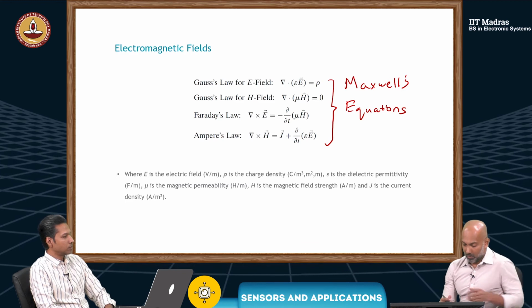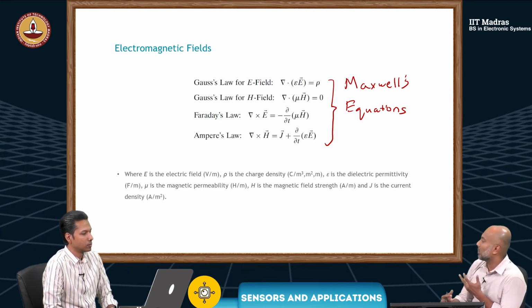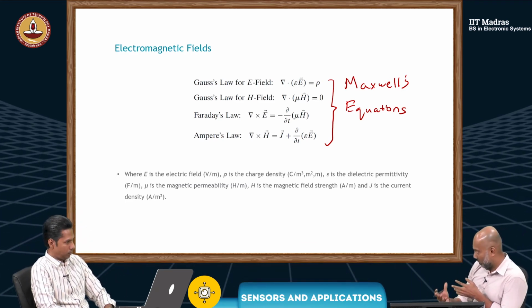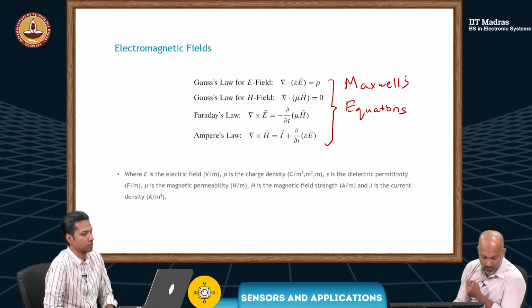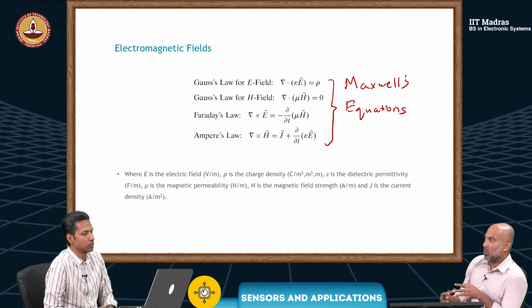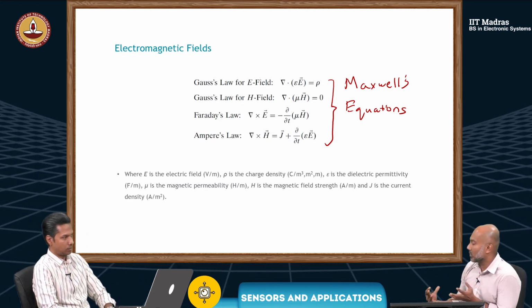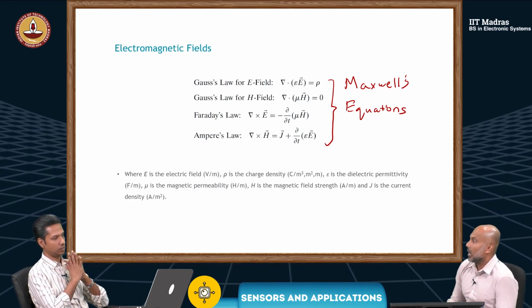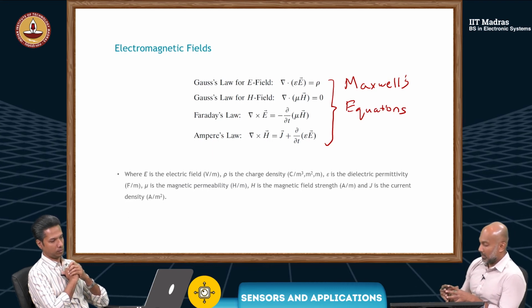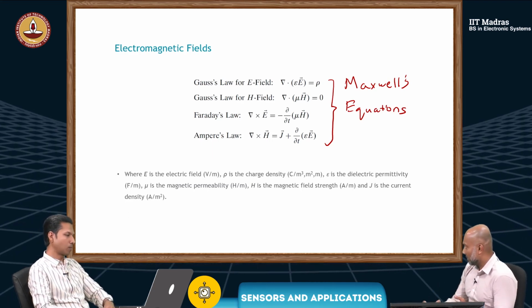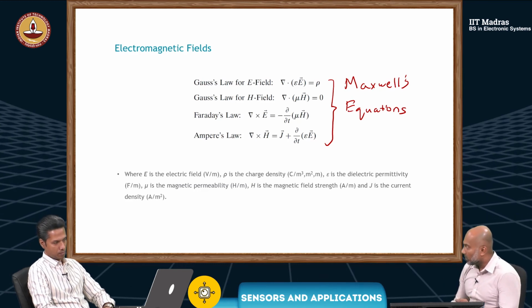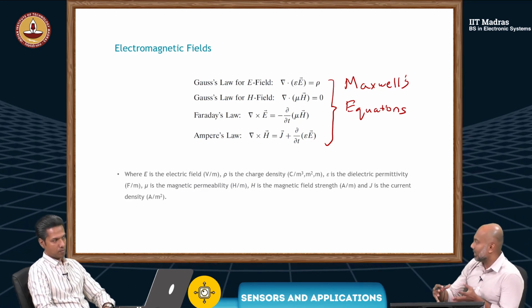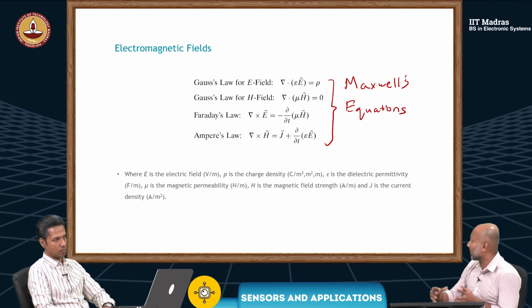So Maxwell's equations come in both integral and differential form. Here, I've shown the differential form. When we talk about Maxwell's equations, electromagnetic fields, and the response of certain materials to these fields, we assume that we have linear dielectric and magnetic media.